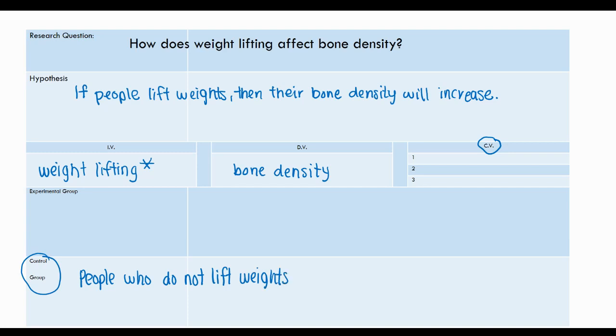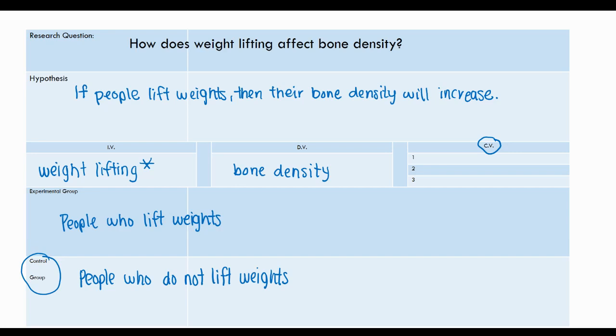And then in our experimental group, we have people who lift weights. These are the people who will be getting the treatment, aka the independent variable.